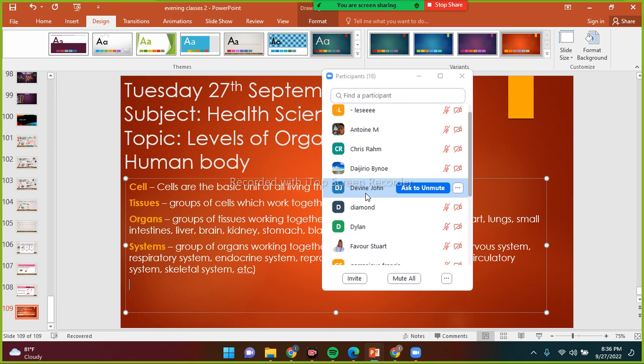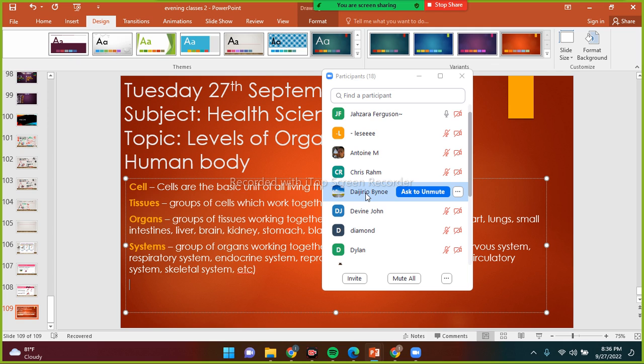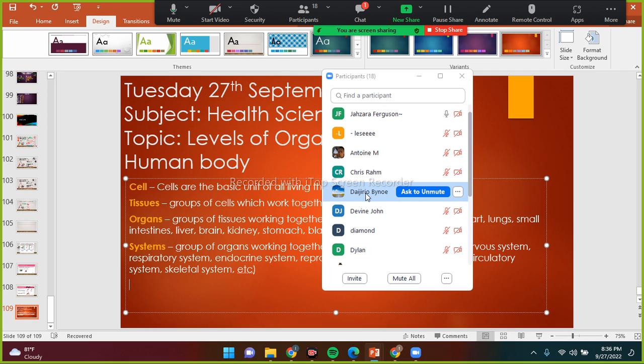Cesaria, are you there? Groups of systems come together to give us what? Very easy. Human body.